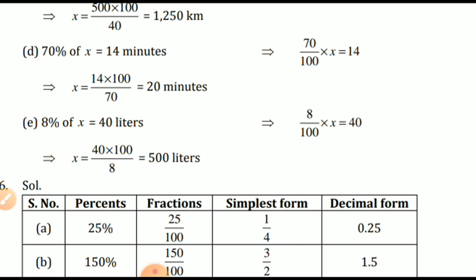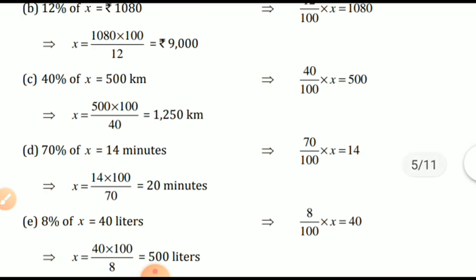Minutes are there, be careful. Liters are there, so milliliters are 1000. Kilometer is there, then meters are there. We know 1 meter is equal to how many centimeters? Don't say 1000. 1 meter is equal to 100 centimeters. 1 kilometer is equal to 1000 meters.